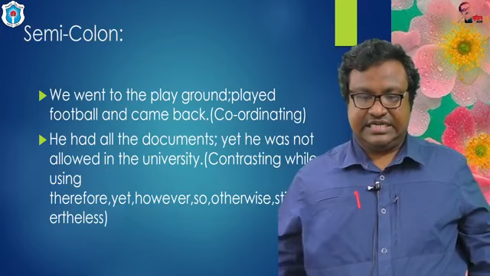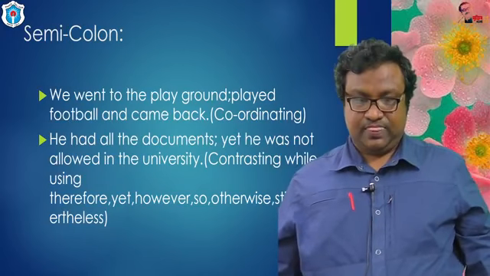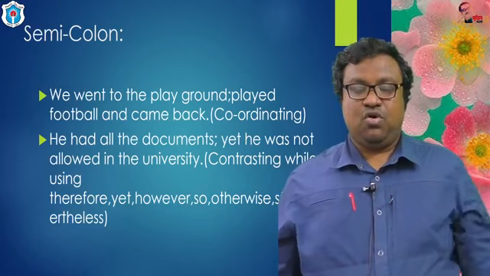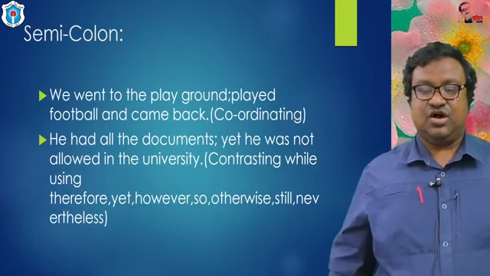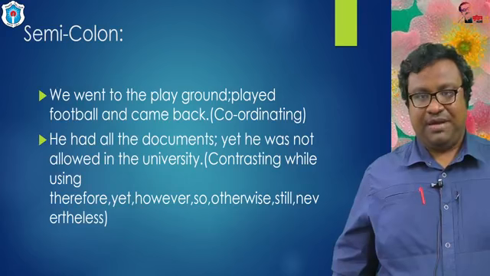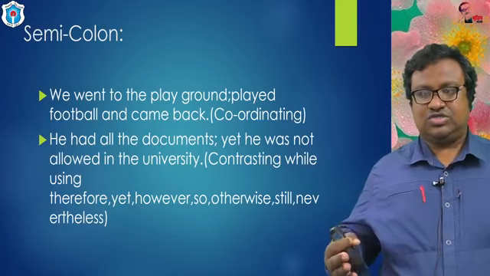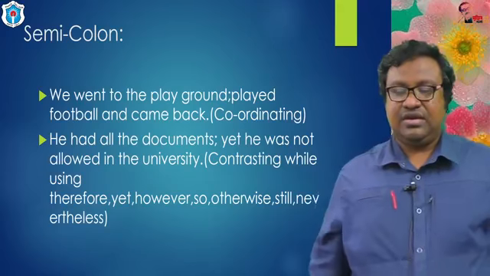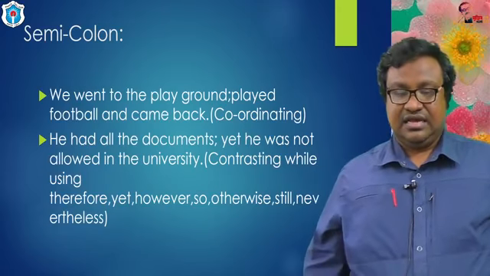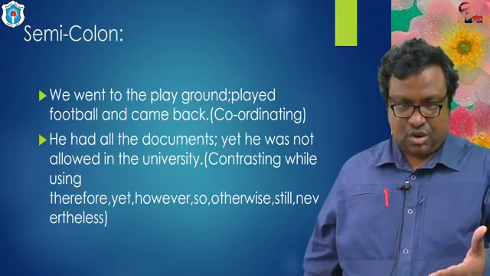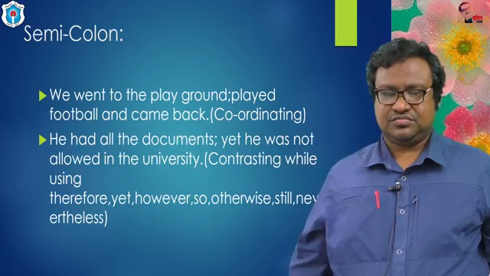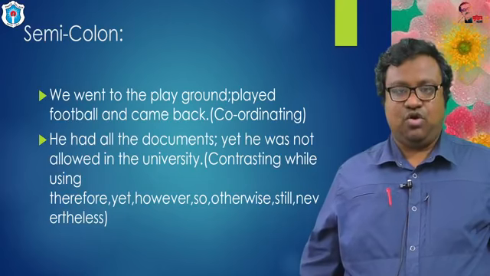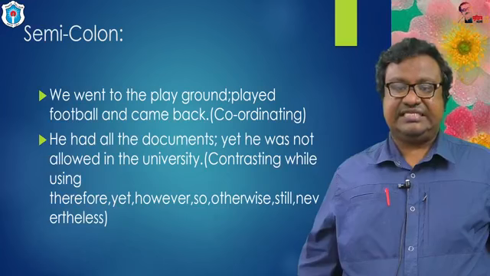Then let us proceed. Semicolon. Semicolon is a little bit more of a pause than a comma. That is the pause we make when we are reading something and we see a comma. The pause will be longer when we find a semicolon.